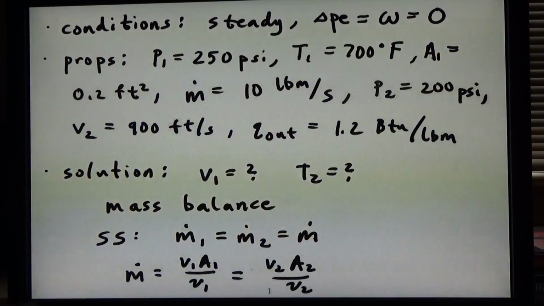So let's take this equation and solve it for V1. That's what we're looking for. So V1, if we cross multiply, is m dot times specific volume 1 divided by A1.